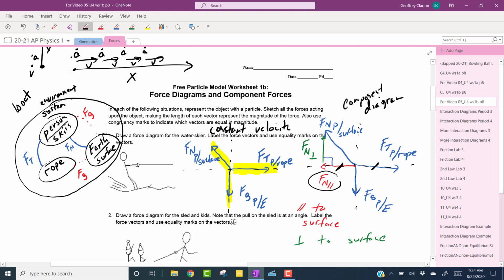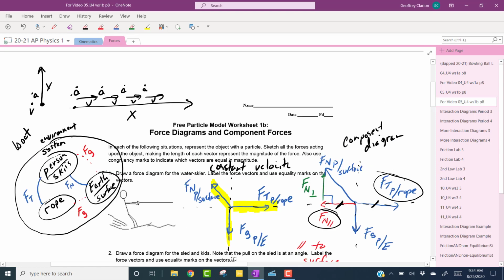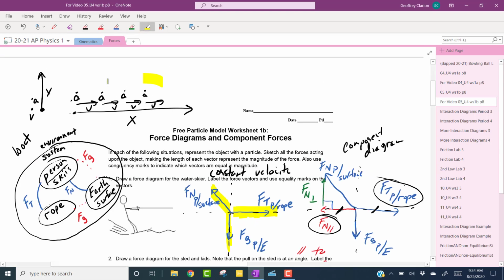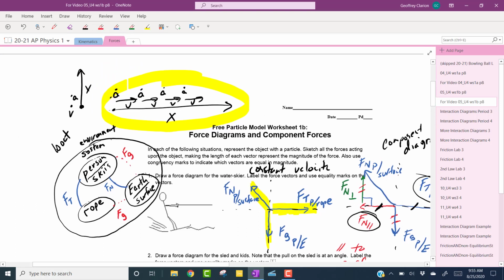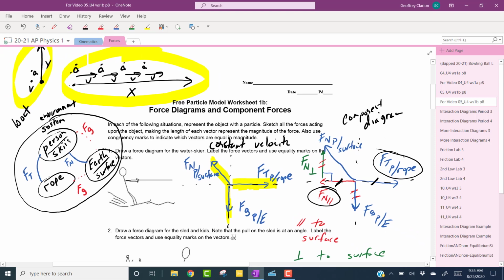These two forces have to be equivalent in the horizontal direction in order for there to be no acceleration. And then we will also look at these two forces, the normal perpendicular force and the force due to gravity. They've got to be equivalent in order for this motion map to show that there's no acceleration.